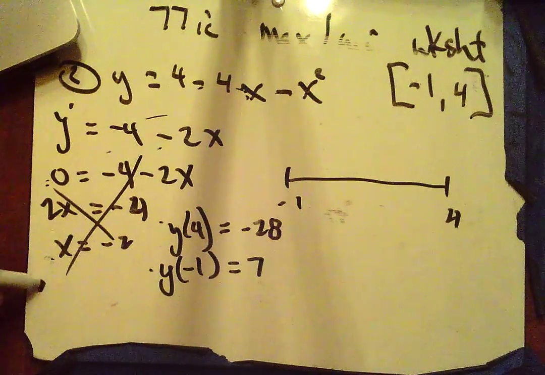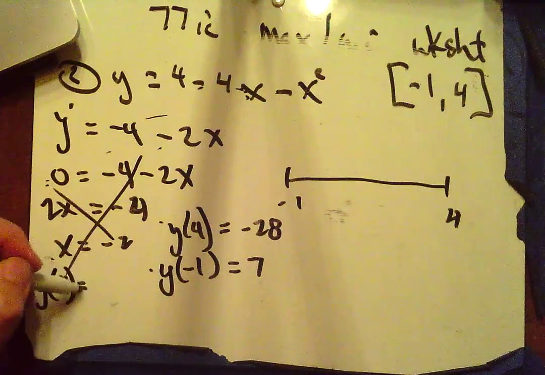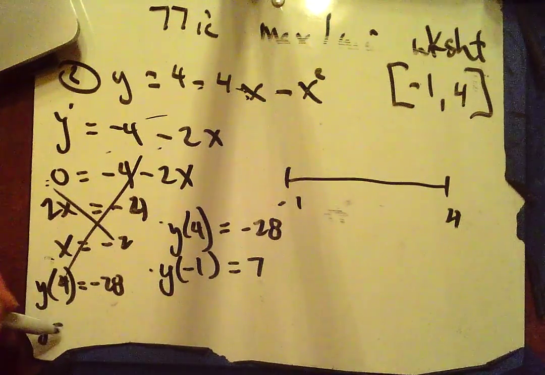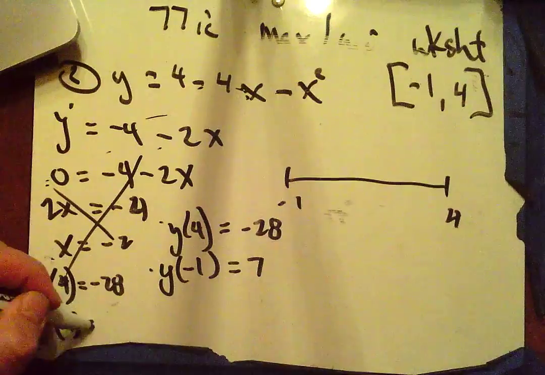So let's put these off to the side. Y of negative 1 equals 7.